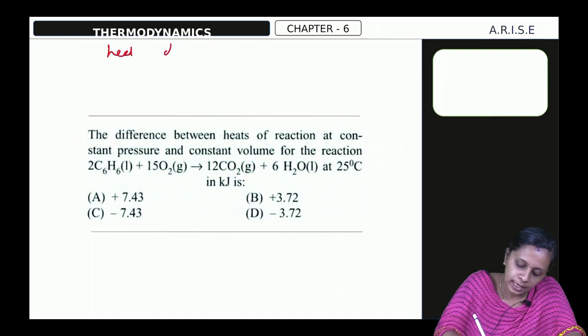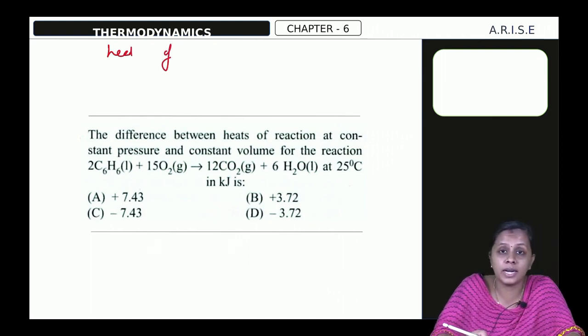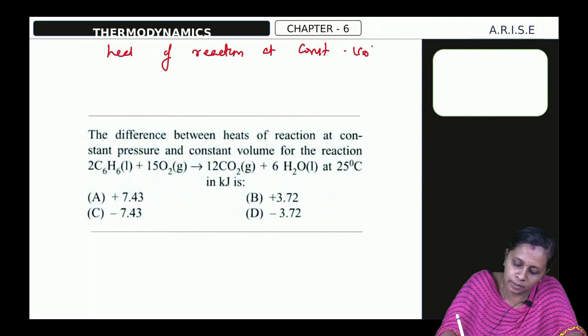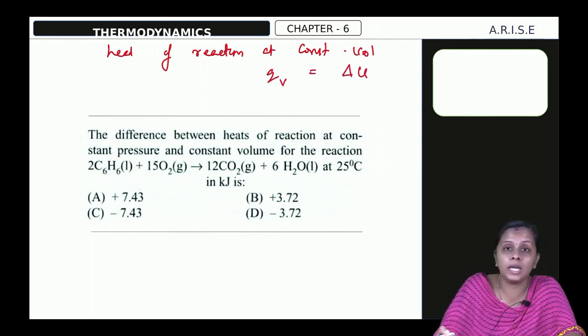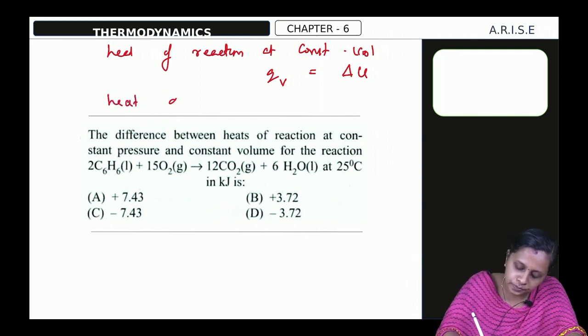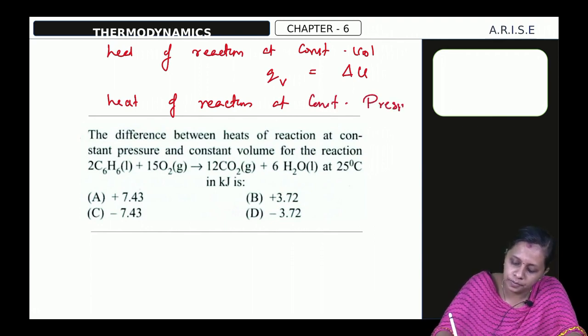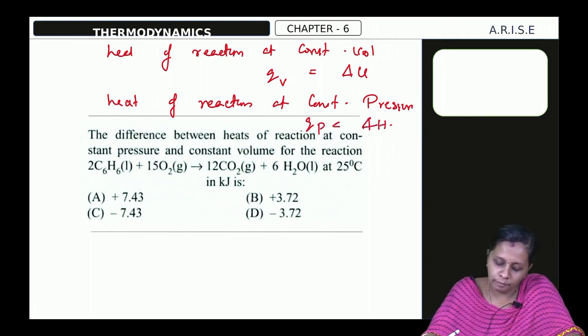Heat of reaction can be considered as enthalpy of reaction. Heat of reaction at constant volume can be represented as QV, which is equal to delta U, and heat of reaction at constant pressure, that is QP, which is equal to delta H. So what they have to find out is the difference between the heats of reaction at constant pressure and constant volume.